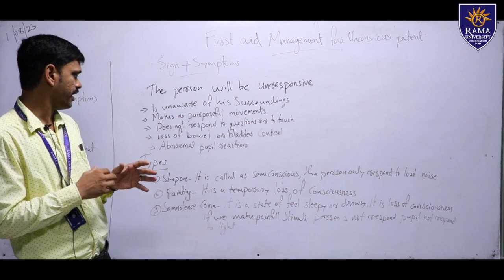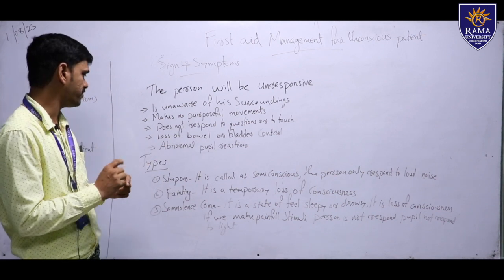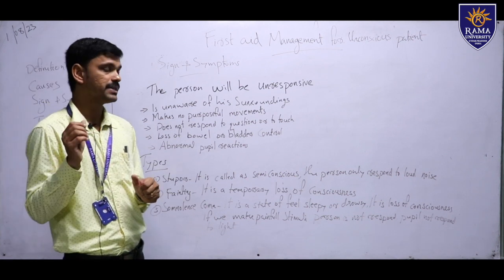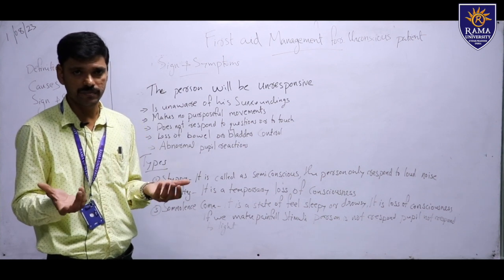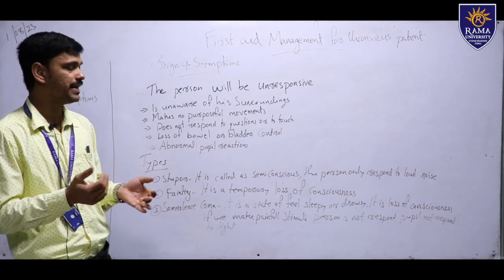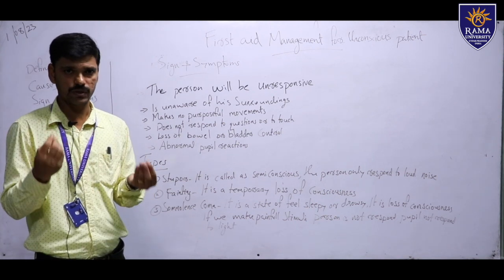So what are the types of unconsciousness? Stupor, fainting, and somnolence coma. Stupor is semi-conscious, and the person responds to loud noise. Fainting is a temporary loss of consciousness; the patient will recover within a few minutes.